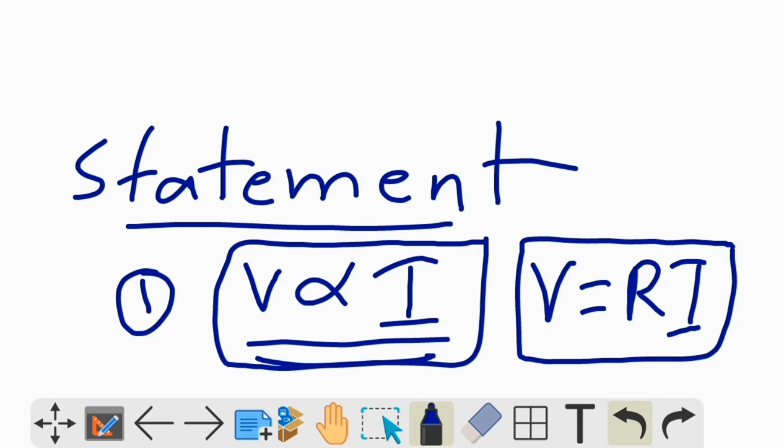Whenever the temperature is constant. That you must include in the statement. Understood? So how do you write? Ohm's law states that the potential difference across the circuit is directly proportional to the current passing through it, provided the temperature remains constant. Okay, then you have to write this formula.